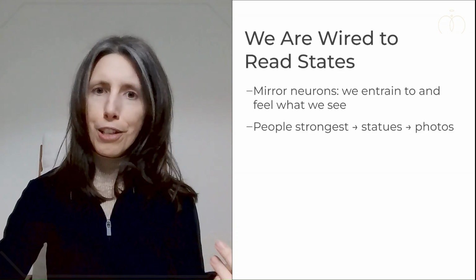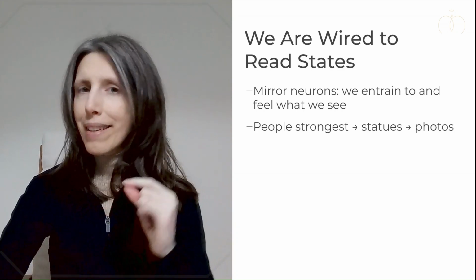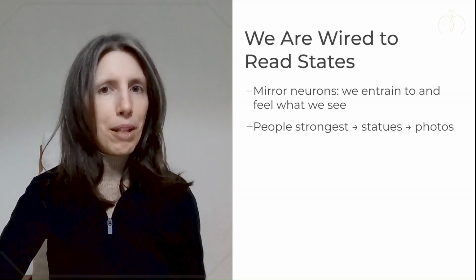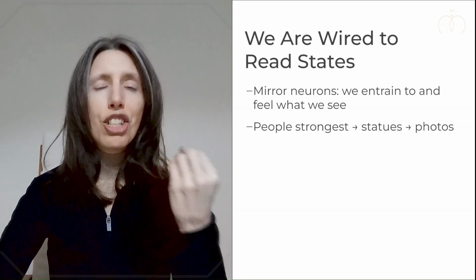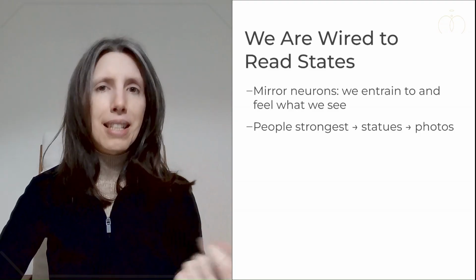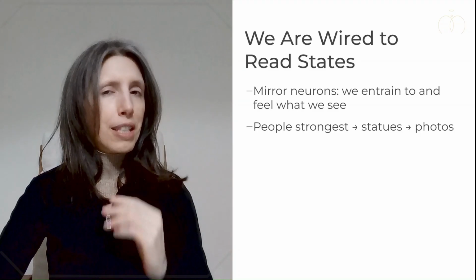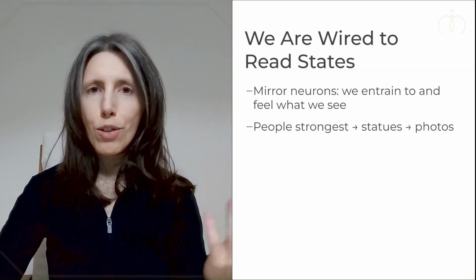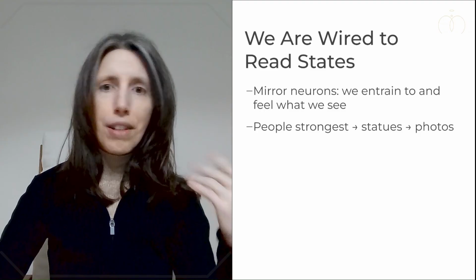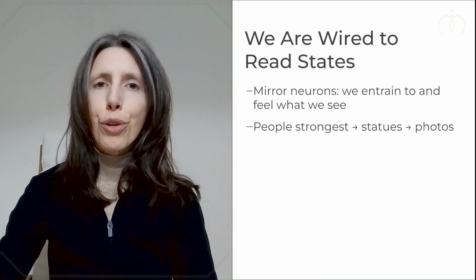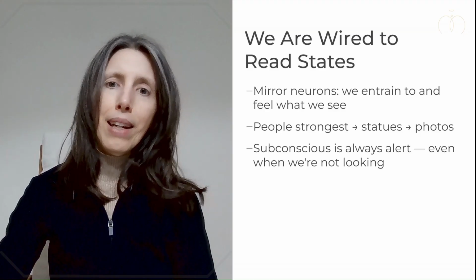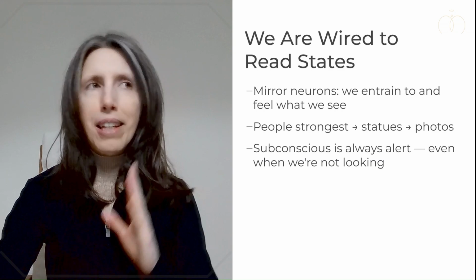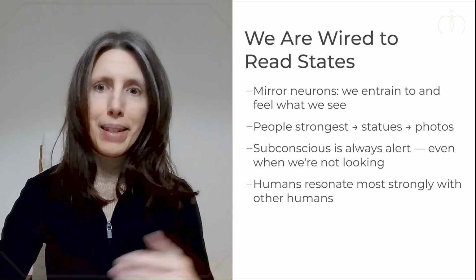But those others don't need to be live people necessarily. They can be statues and they can be photos, because our subconscious recognizes the shape as human, and our nervous system can read and entrain to the feeling state of the statue or photo. And our subconscious is always paying attention, even if we are not directly interacting with something.